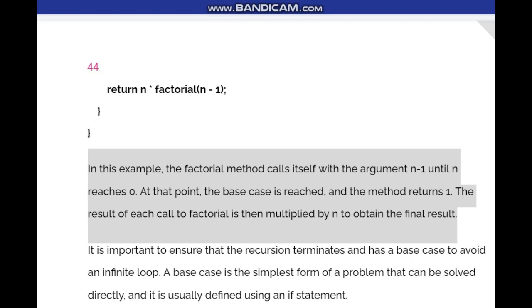At that point, the base case is reached, and the method returns 1. The result of each call to factorial is then multiplied by n to obtain the final result.